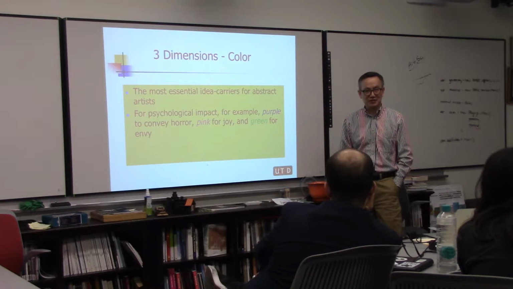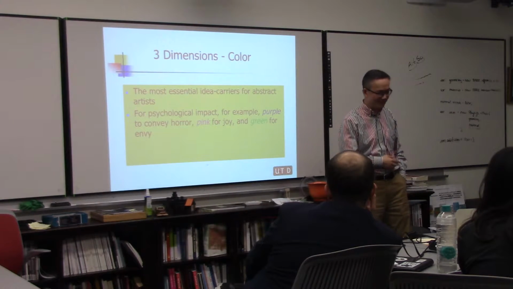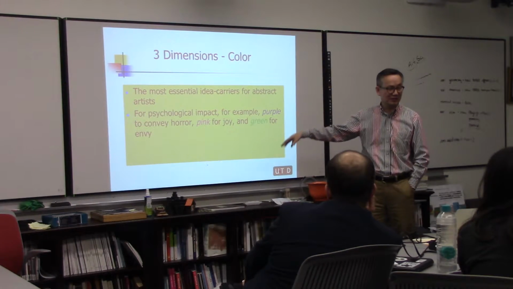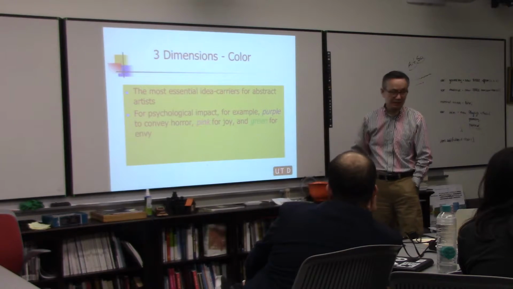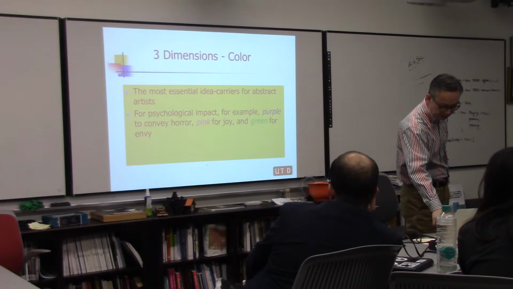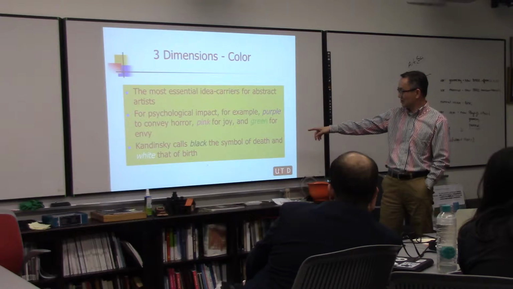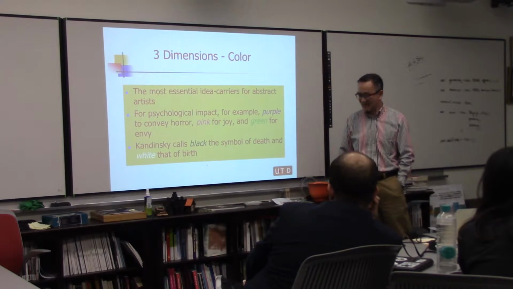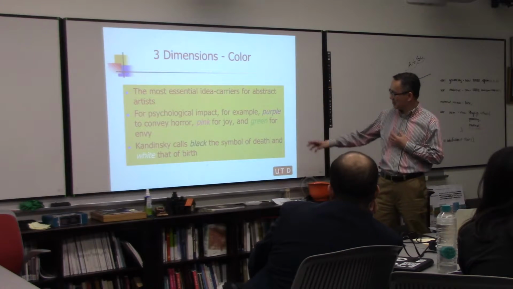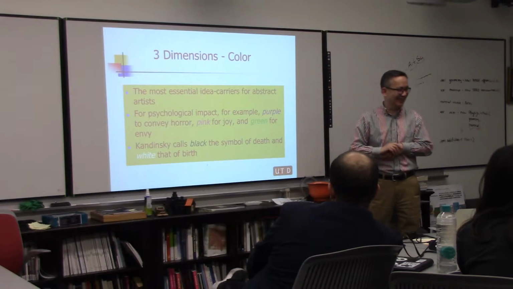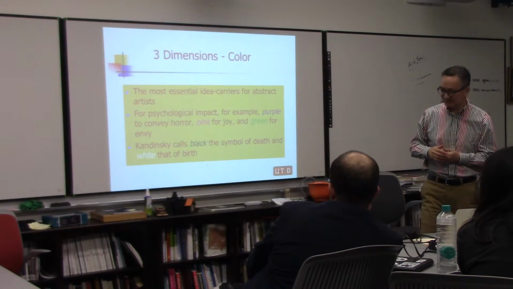But of course, for different cultures and even different times, different colors may refer to different meanings, right? But this is according to Kandinsky at that time. And also, black refers to the symbol of death, and white to birth. I think Chinese culture may be the opposite. So that's also different for different cultures.